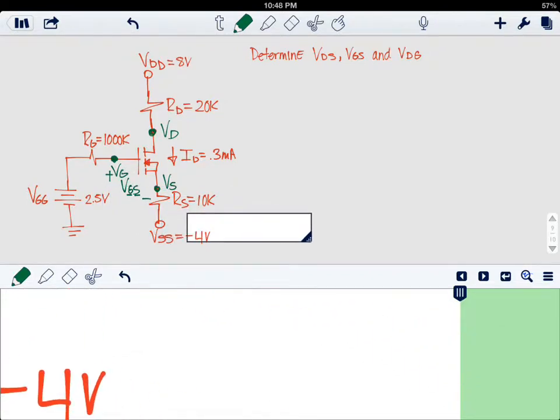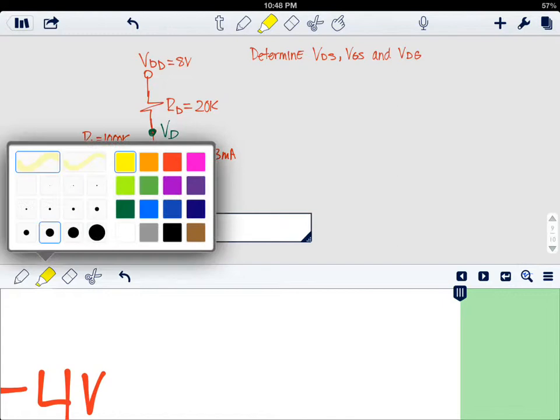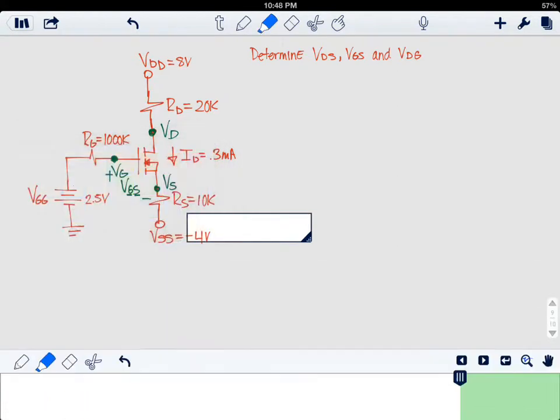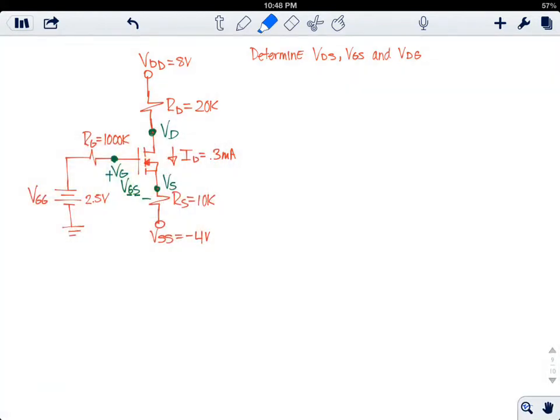What we are saying is that we are taking our multimeter and trying to find the voltage from gate to source. So we're placing the positive here and the negative here.